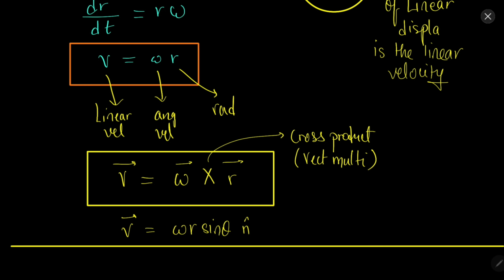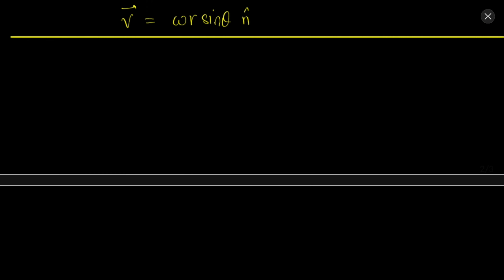Now what about angular acceleration and linear acceleration? For discussing that, we need to first discuss the types of acceleration in the circular motion. So let's say this is a circle, so the motion is in this circle. There are two types of accelerations in a circular motion.